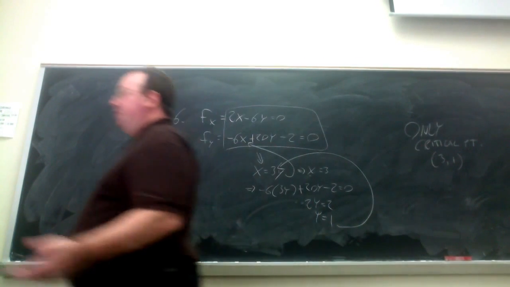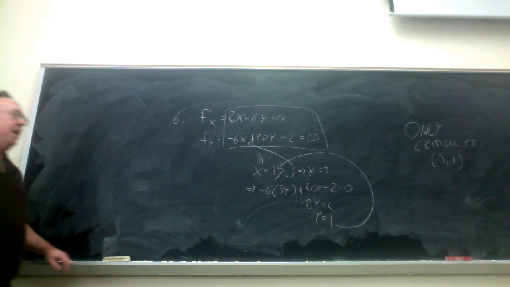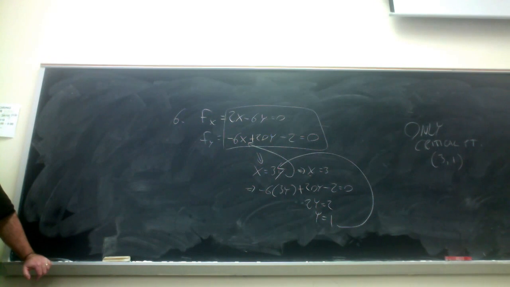A number of people did come up with that critical point, and then they came up with other ones. Admittedly, I did not take the time to decipher from everyone's work what led them to these critical points. In a couple of cases I did.